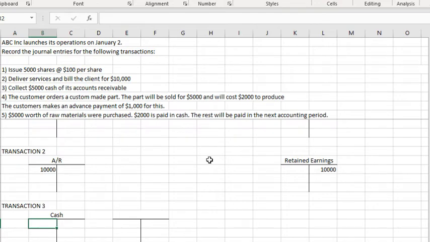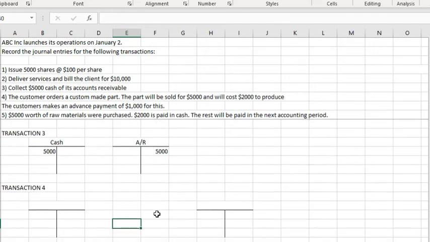That means cash is going to increase by this amount, and accounts receivable is going to decrease by that amount. So one asset class is increasing and another one is decreasing. This is what you do when you collect your cash against your accounts receivable.